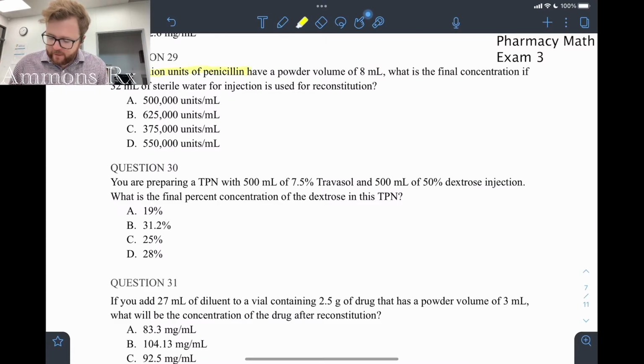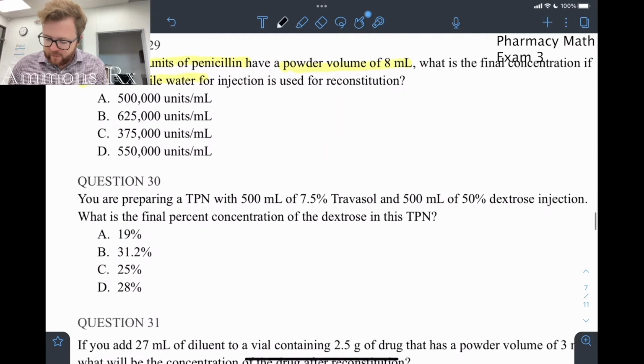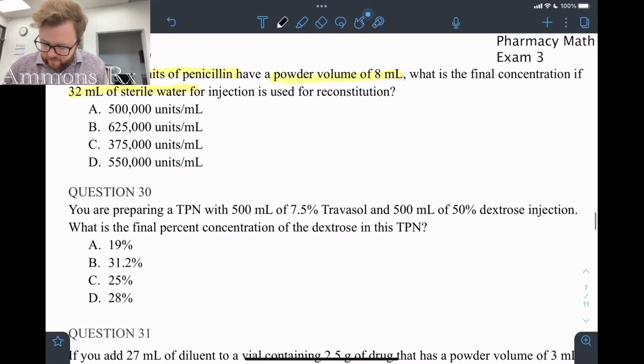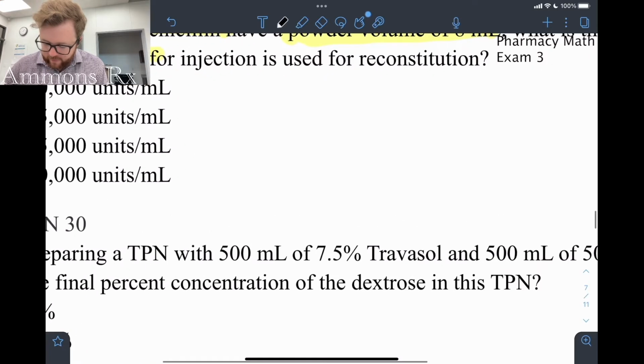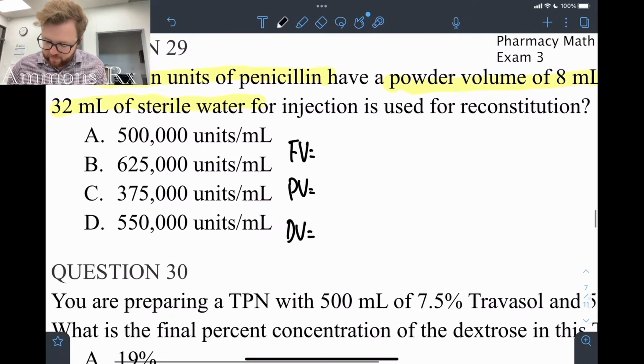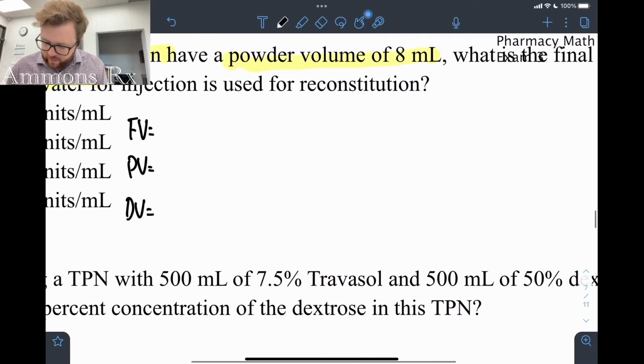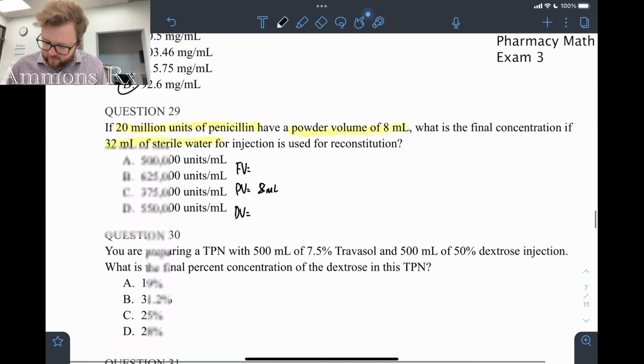20 million units of penicillin, powder volume of 8 mils, 32 mils of sterile water. Okay, that tells us all we need to know. So once again, I'm going to write FV, PV, and DV. We have PV, 8 mils.